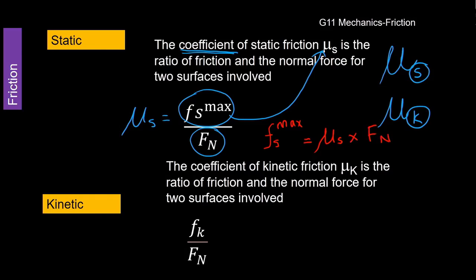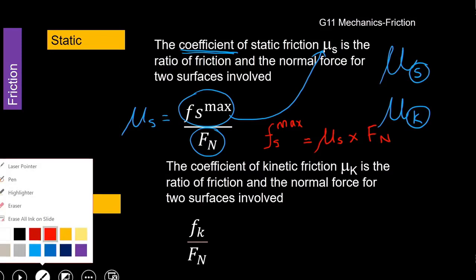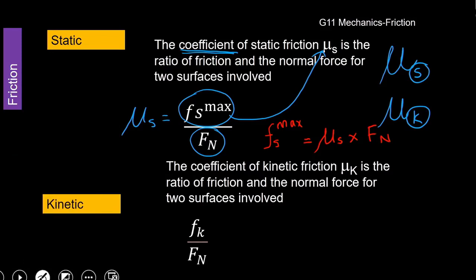For the coefficient of kinetic friction, it's the same thing. It's that Greek mu, and we put a little k to tell us that it is kinetic friction we're dealing with. It is a ratio. Here's the ratio here, so I'm going to draw it in.